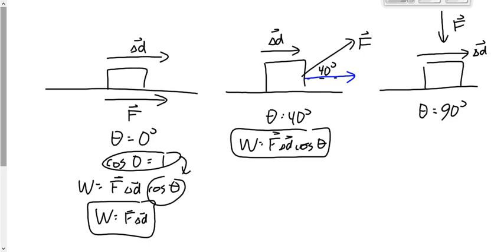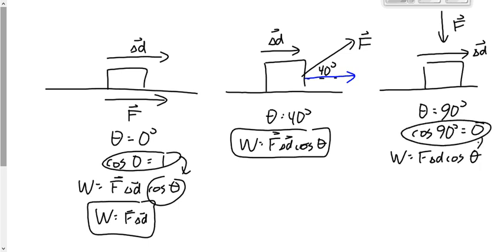What's cosine 90? 0. Now, if we say F times D times cosine 90, then the equation just becomes 0. F times D times 0 becomes 0. There is no work done in that case, right? Why? Well, because the force can't possibly be parallel to the displacement when it's perpendicular to the displacement. None of it is parallel to the displacement when it's perpendicular.